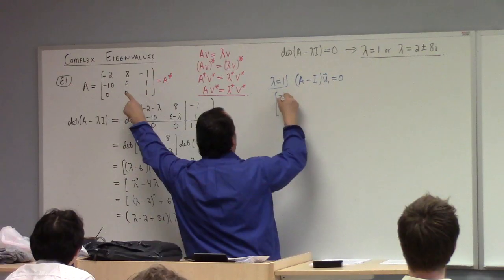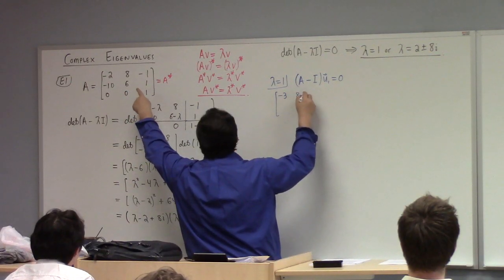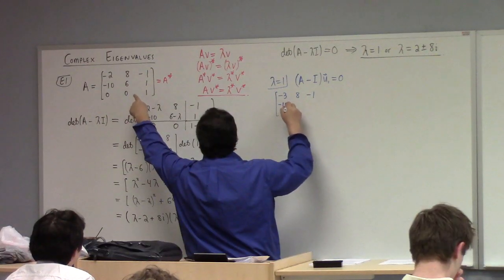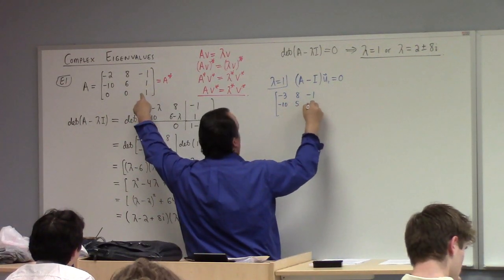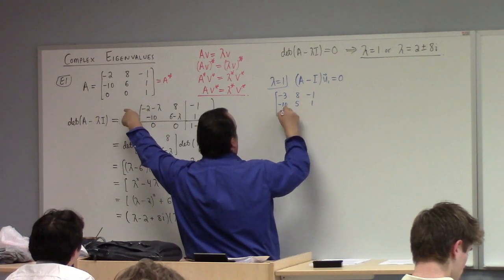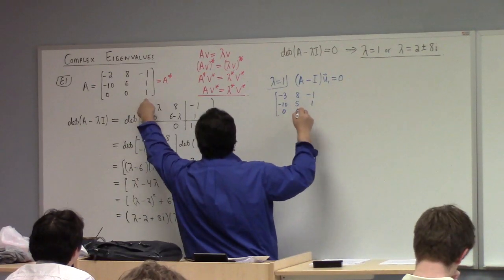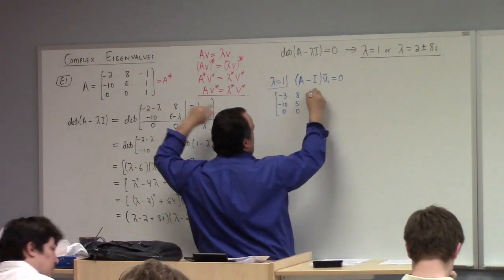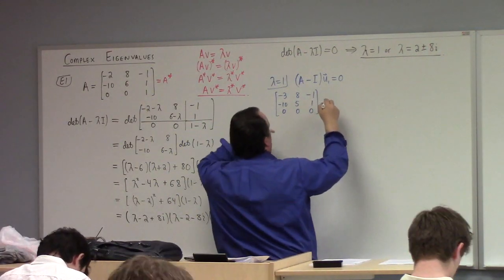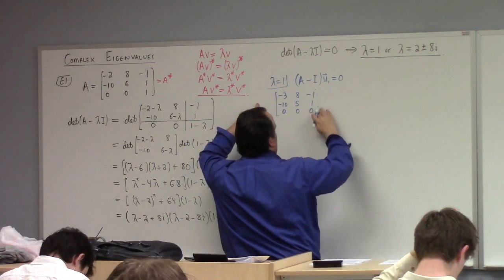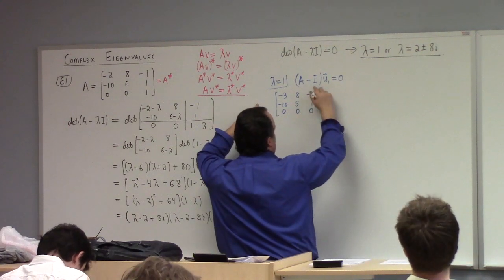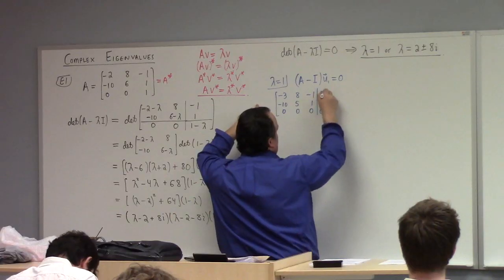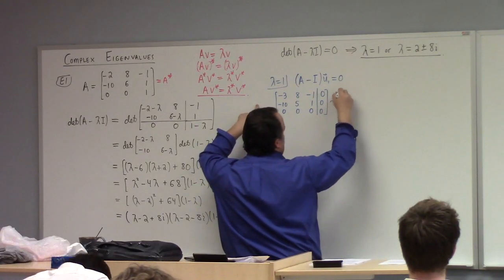Minus 3, 8, minus 1, minus 10, 5, 1, 0, 0, 0. All right. So I'll write it out as a matrix problem. Here's the augmented coefficient matrix, just to be sort of silly about it.